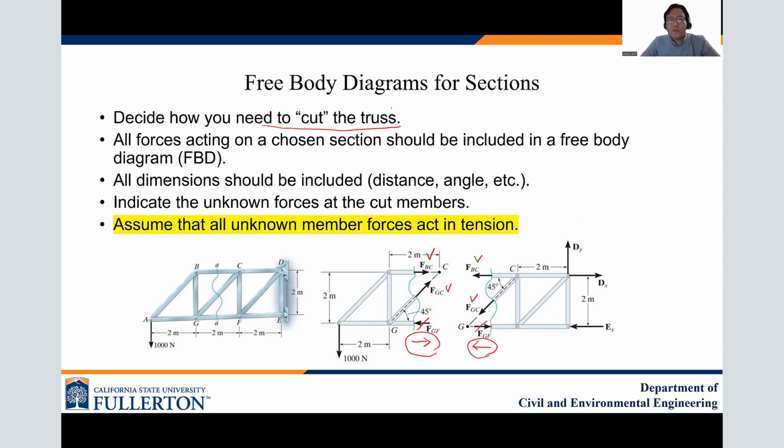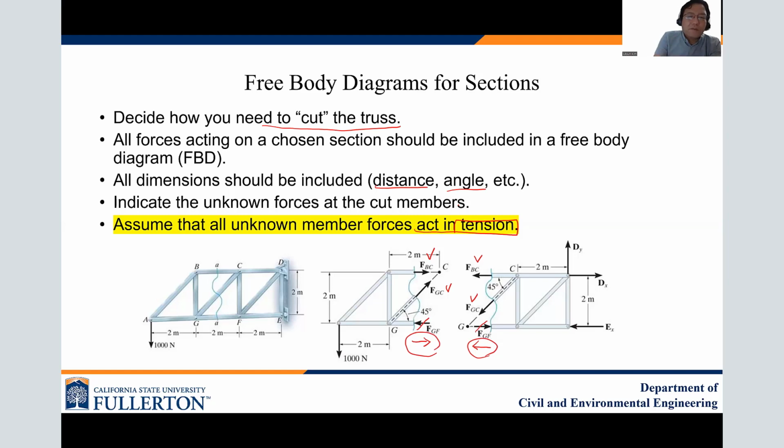All dimensions should be included, for example, distance and angle, and then indicate the unknown forces at the cut members. Assume that all unknown member forces act in tension. That is a very important thing, because we use the assumed direction in tension, that is, outgoing from the joint or cut member.